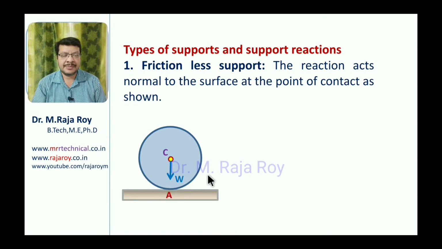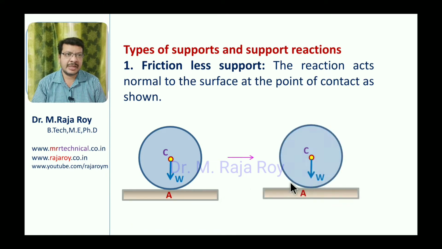So that's why you can replace this support with a reaction like this. RA is the reaction at point A. That means whenever you are removing the support, you have to replace the support with a reaction. At any point on the circle, the normal direction is towards the center.